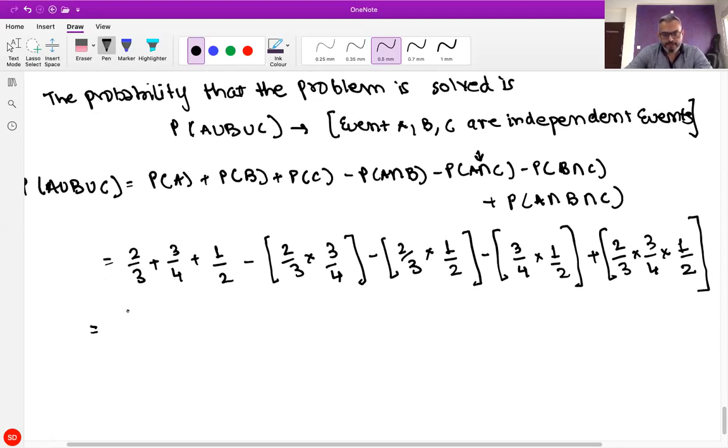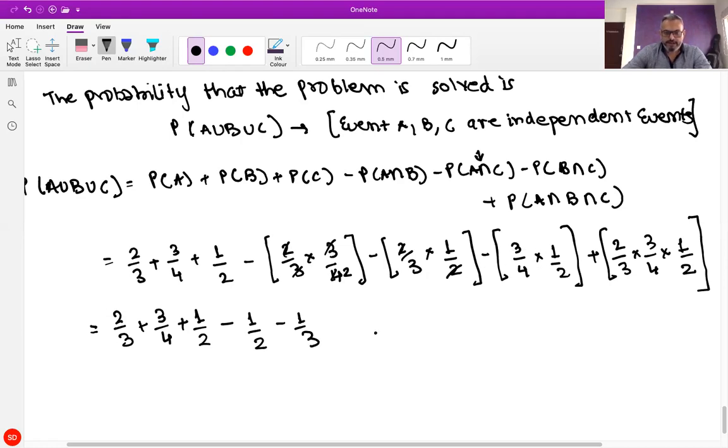here let's keep it as it is and first solve this. 2/3 plus 3/4 plus 1/2 minus, 3 cancel, 2's are, so minus 1/2, 2 cancel, minus 1/3.